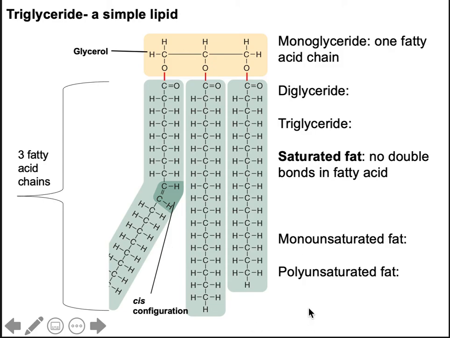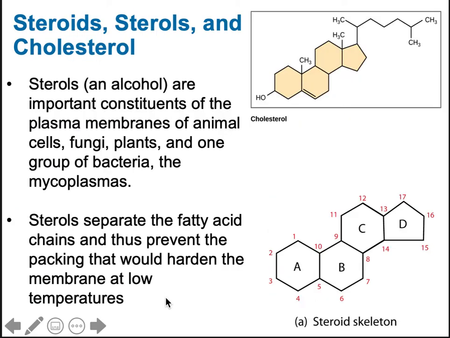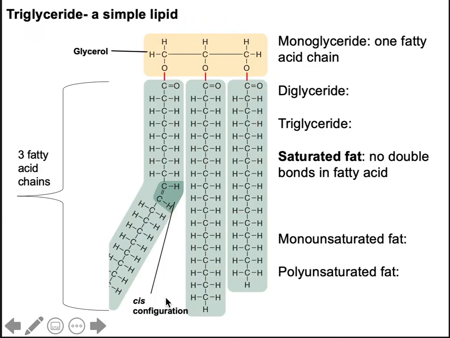Okay, but what we've seen is that we can have unnatural fats like trans fats where the double bonds have hydrogens on the opposite sides, and then it would be trans configuration, opposite, and then it will lay flat, but it's unnatural.